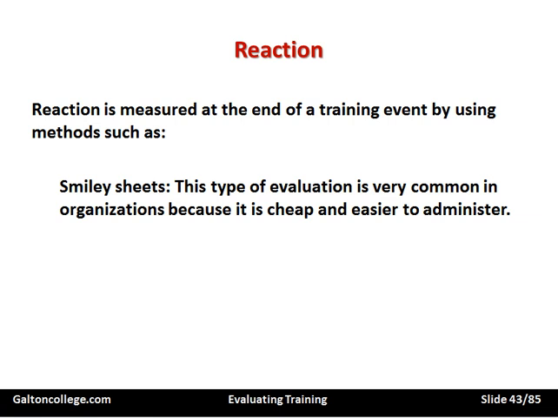If it's done as part of a group, it depends on the group's reactions to the trainer and to the company and what the company has been doing recently, as opposed to what's happened in the training situation. Again, bias can be introduced. So there are various ways of going about assessing how the attendees see the program.